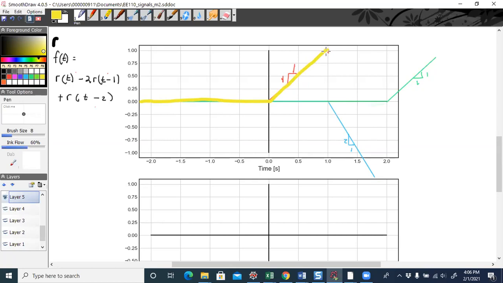A slope of plus 1 minus a slope of 2 will give me a net slope of minus 1. And then when I take a net slope of minus 1 and add a slope of plus 1, it flattens out.